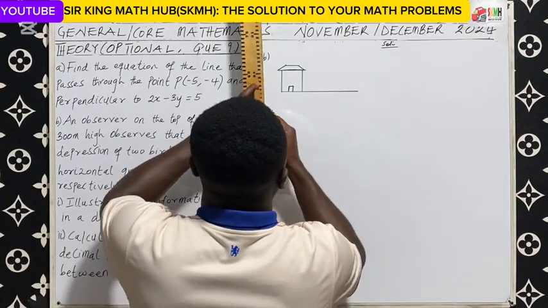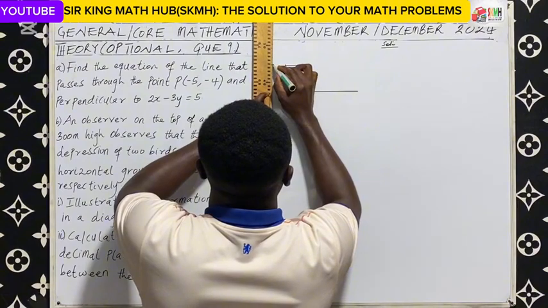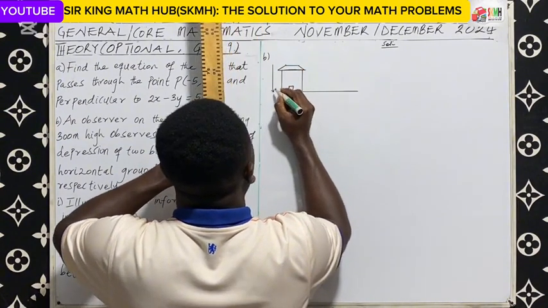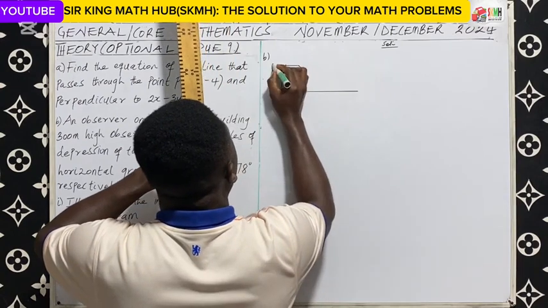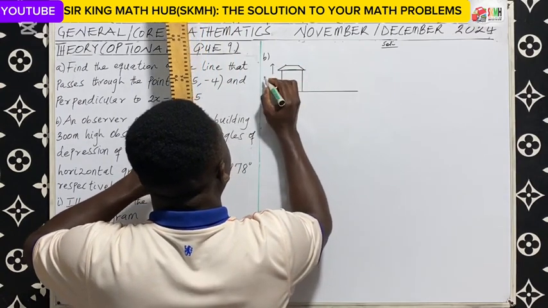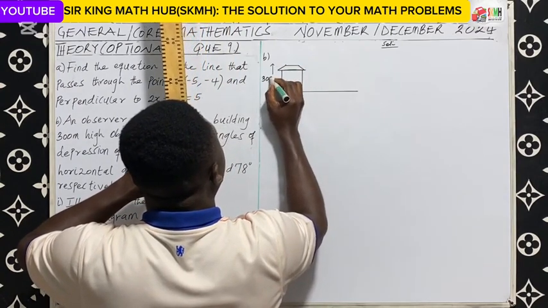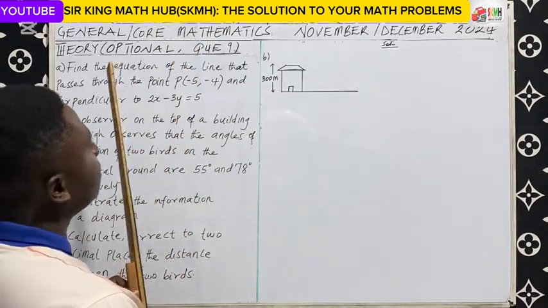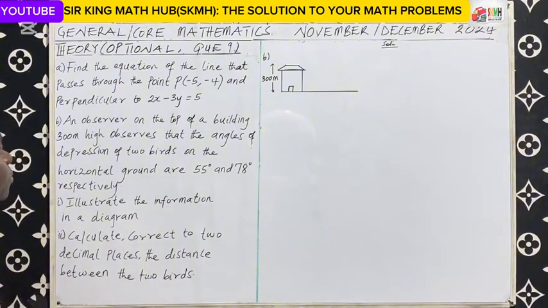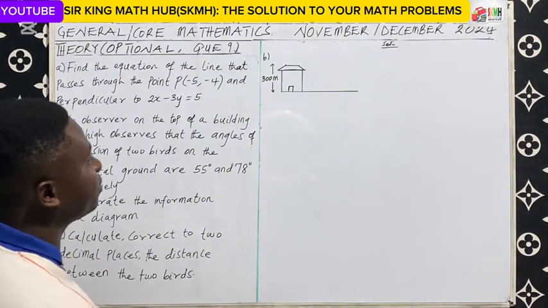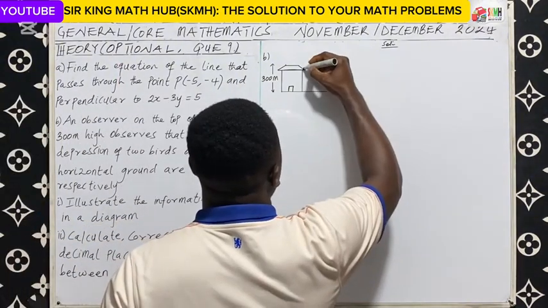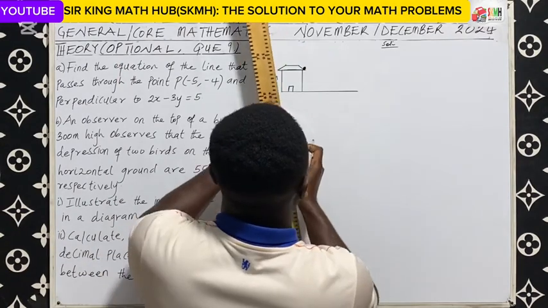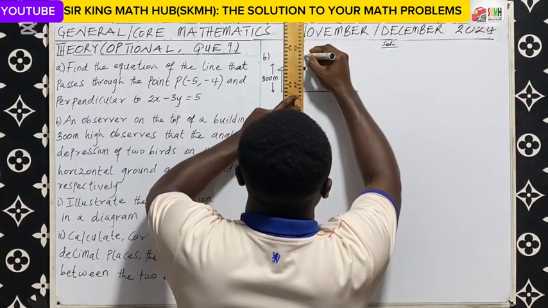Now we're told that the building is 300 meters high. Now, there is an observer on top of the building. So let's say the observer is here.